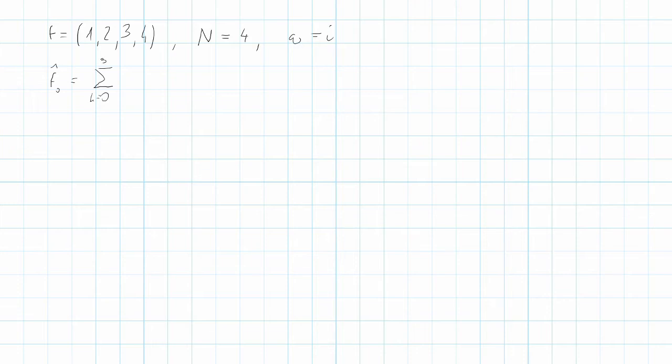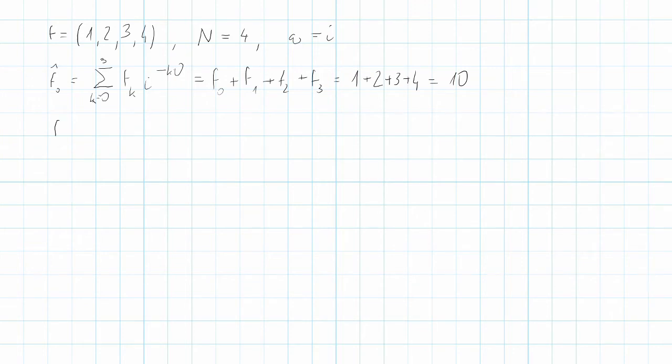So from 0 to 3, it is f_k times i to the power minus k times 0, but 0 times anything is 0, so it's just the sum f0 plus f1 plus f2 plus f3. So it's 1 plus 2 plus 3 plus 4, which equals 10. So the first coefficient of the discrete Fourier transform of f equals 10.